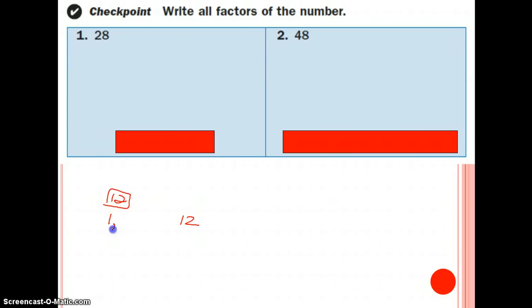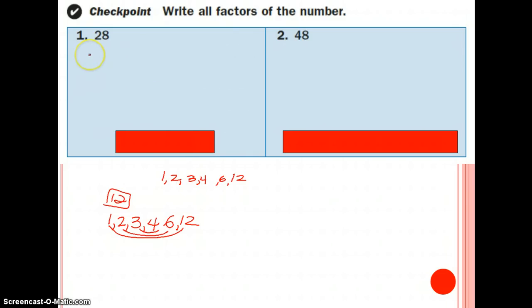So 1 and 12, 2 times 6, 3 times 4, until you kind of meet in the middle. You can see that's kind of a rainbow because you're going to connect these. You don't need to put that, but you want to space them out, and as you go through your list, you'll get closer and closer to the middle.